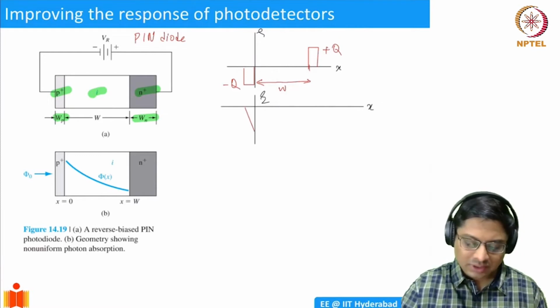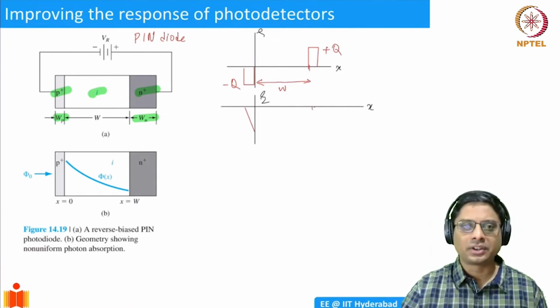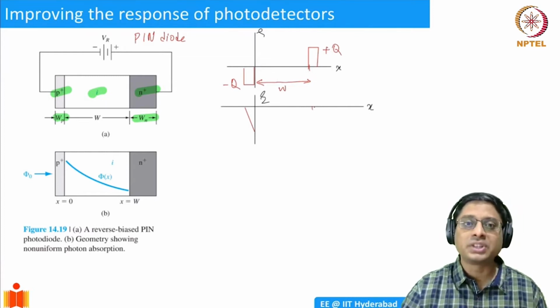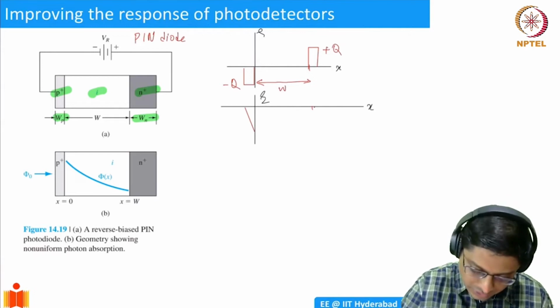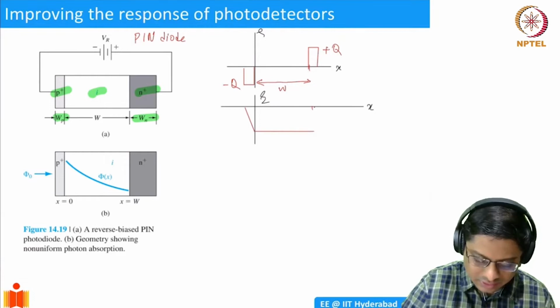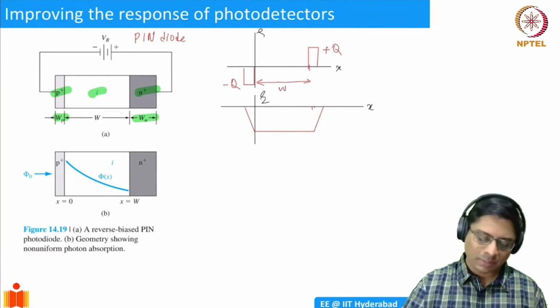But because there is no charge in the intrinsic region, it is neutral. By definition, it is basically N equal to P there, and there's nothing to deplete. There's no space charge in that region. So what you get is a flat electric field. There is no change in the electric field in this region. And then there is again a linear variation in the N-type region. So this is the type of electric field.